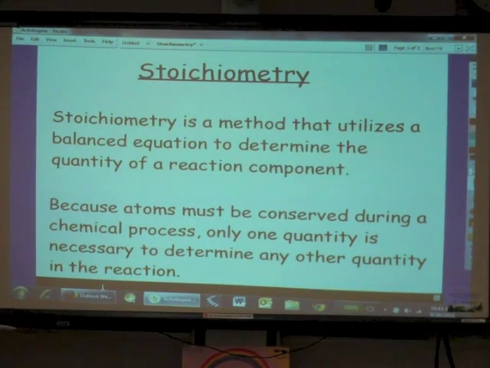Because atoms must be conserved during a chemical reaction, we only need one quantity. Only one quantity is necessary to determine any other quantity in the reaction.